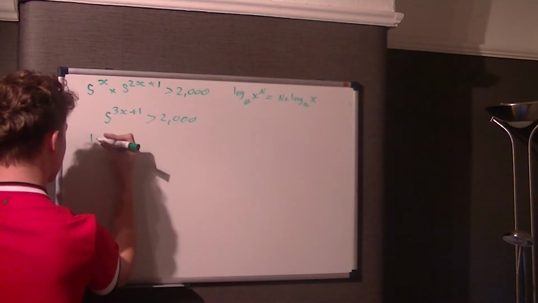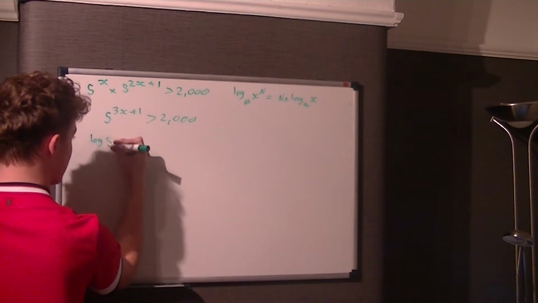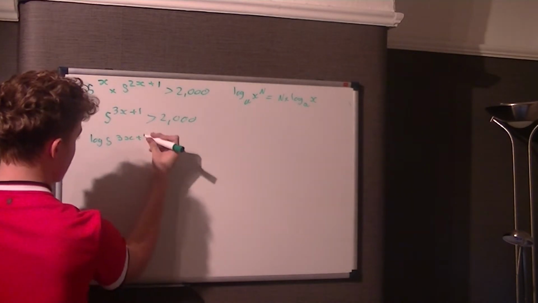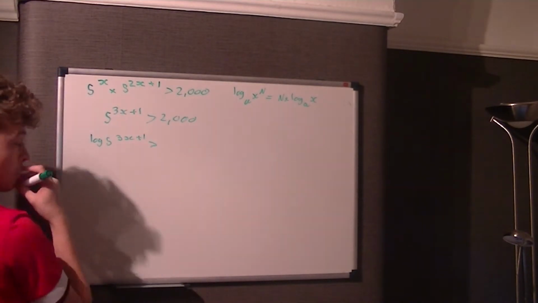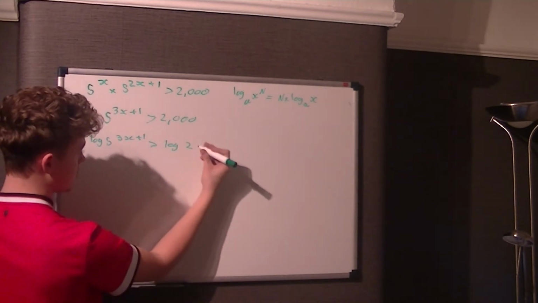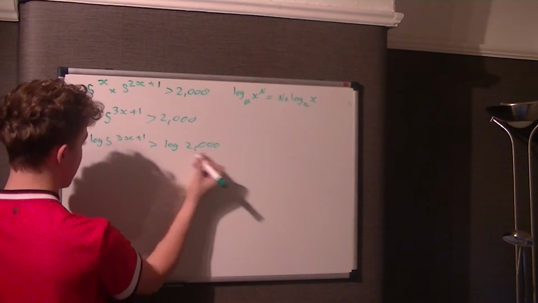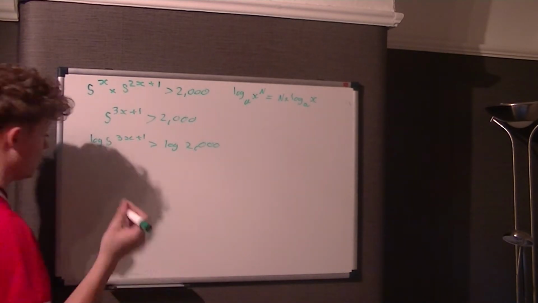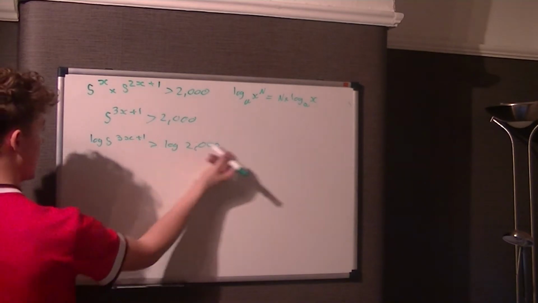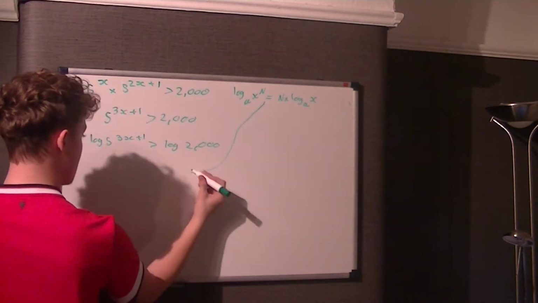So log 5 to the power 3x plus 1. Now I said before in one of my early videos that sometimes you're not given a base. Well, we're just left to assume they're both 10 and we don't need to faff around with putting 10 in there.